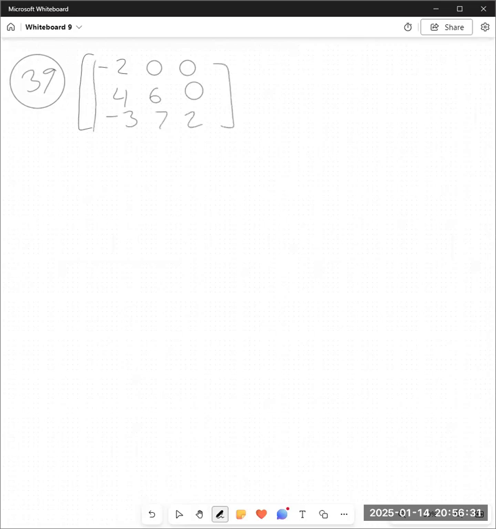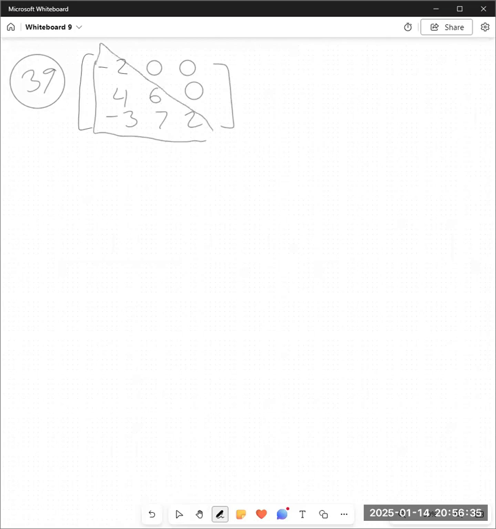39 is not a calculator problem. 39 says to find the determinant of this triangular matrix. So all we need to do when something is an upper triangular or lower triangular matrix is to just multiply along the main diagonal to find the determinant. So this is a lower triangular matrix here.